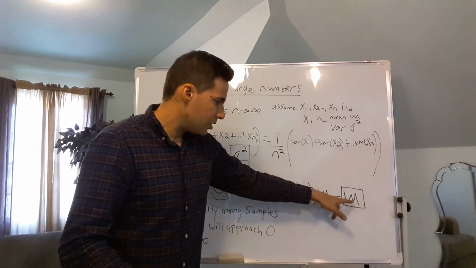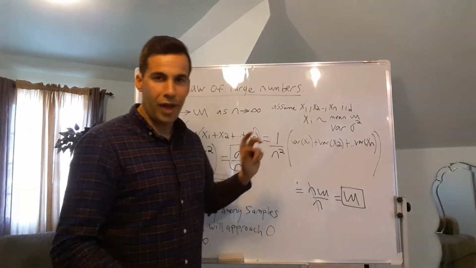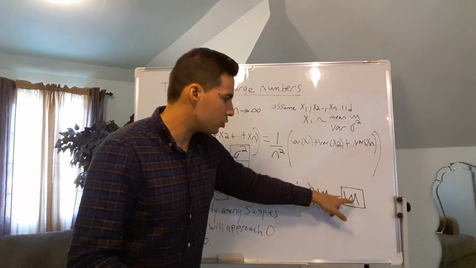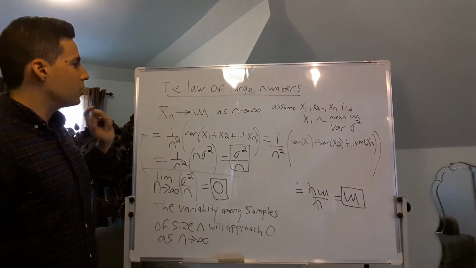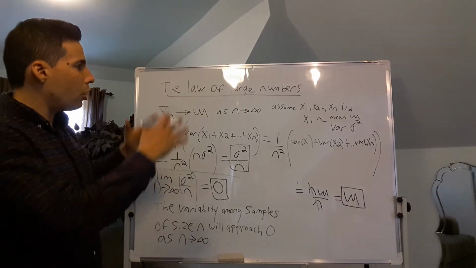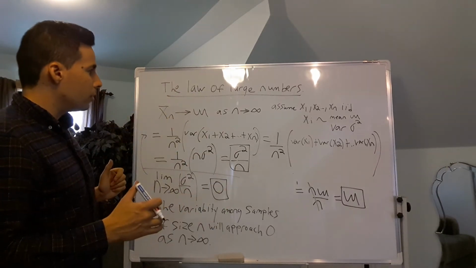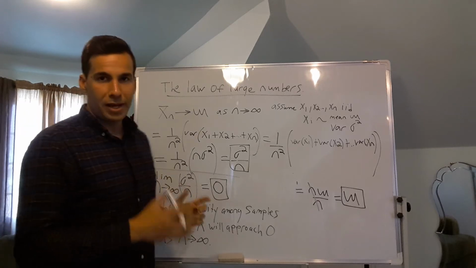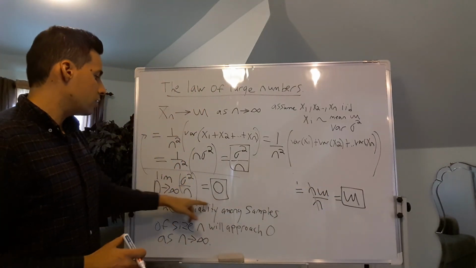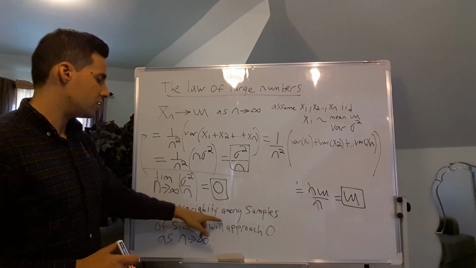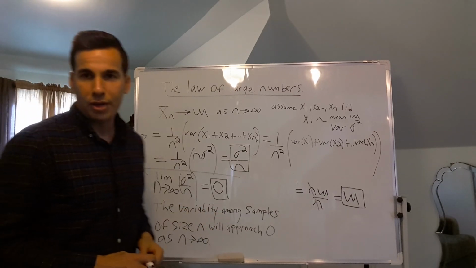You're going to expect the average of those values to be the actual average in the population, and that's the law of large numbers. When you're taking a very large group of values, the expected value is mu, and you're expecting the variability to approach 0. So, okay, thank you.